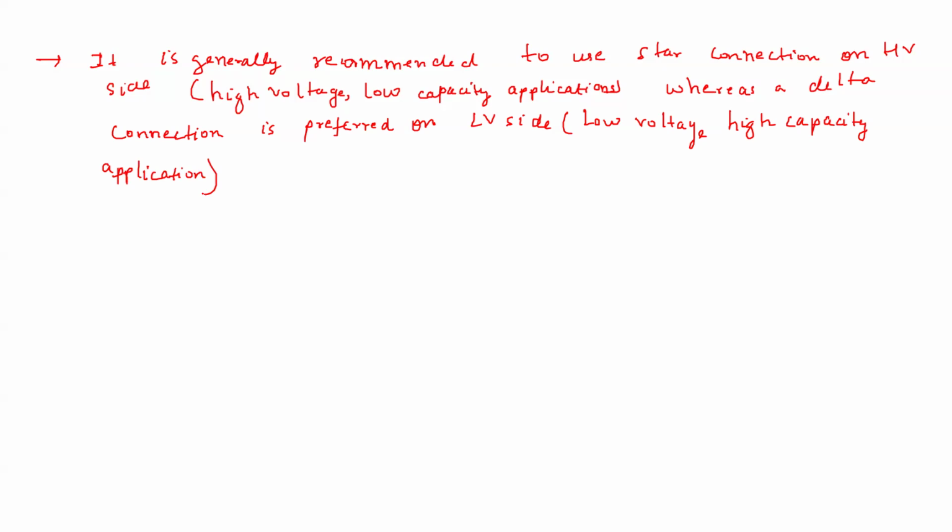Okay. Now there is one exception, however. So you will see that in view of this, the Y delta, basically Y delta means Y is on the primary side, delta is on the load or secondary side.